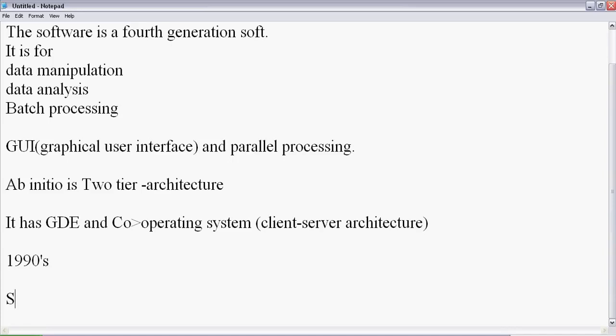His name is Sheryl Handler. She is one of the CEOs of Thinking Machines Corporation.